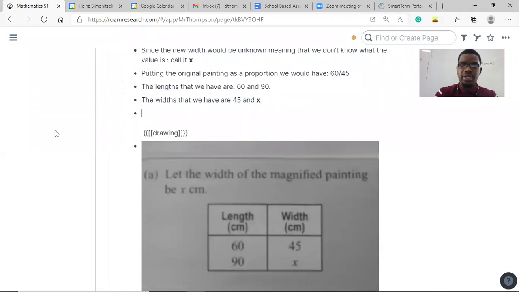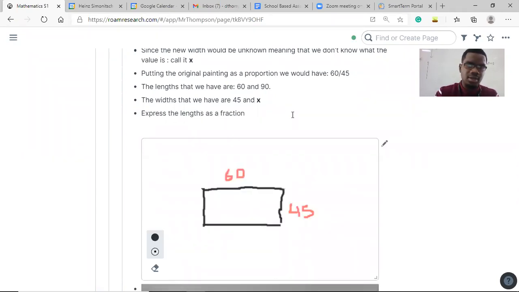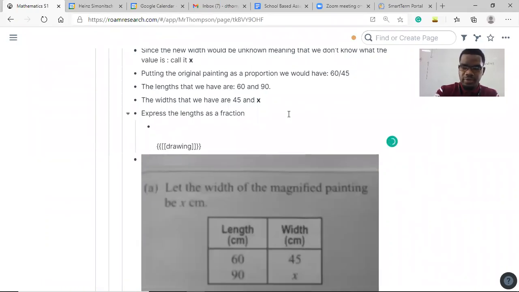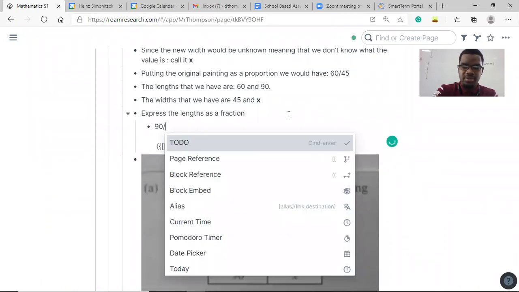Okay, so here's what we're gonna do to solve this unknown value. We are gonna express the lengths as a fraction. What were the two lengths? 60 and 90? Okay, here's the new fraction. We're gonna put 90 divided by 60.